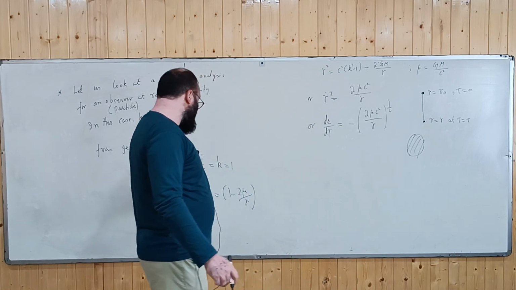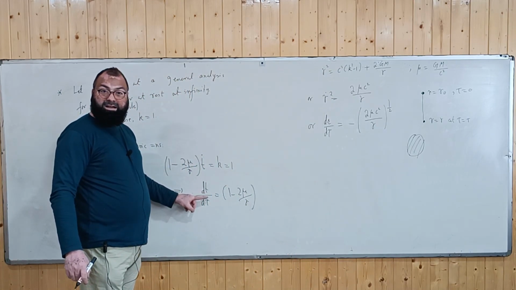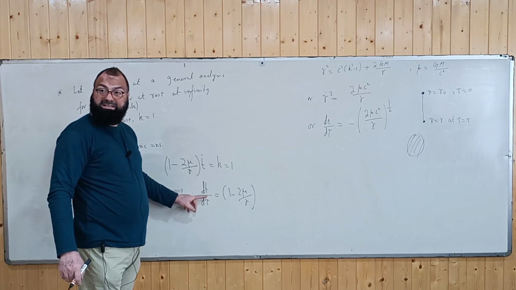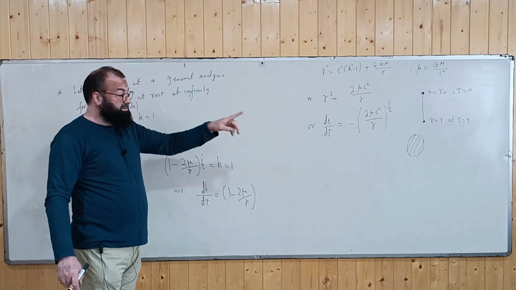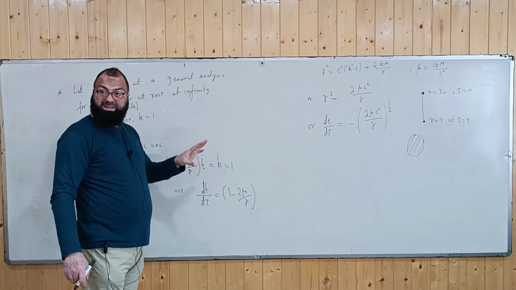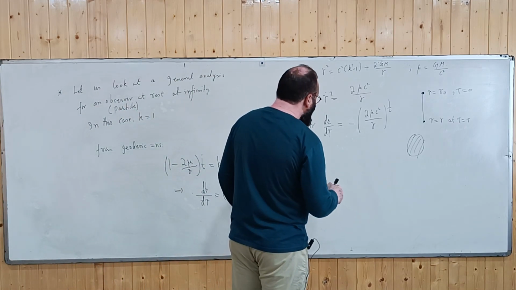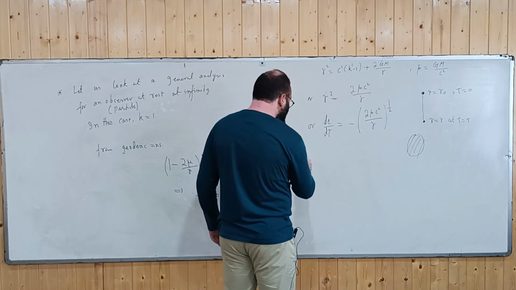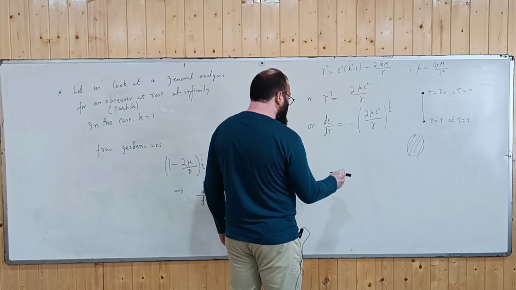From this equation, I can calculate the coordinate time, how much coordinate time it takes in terms of the proper time. The proper time I will know from that equation, and the coordinate time from this equation. So let's try to integrate this equation.